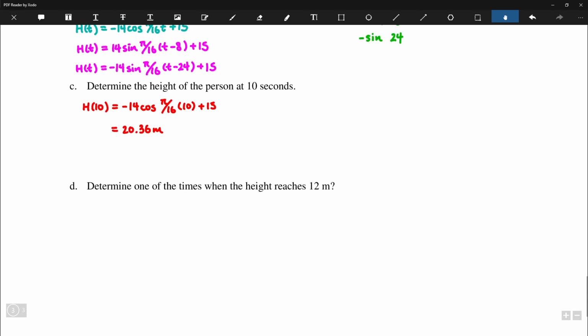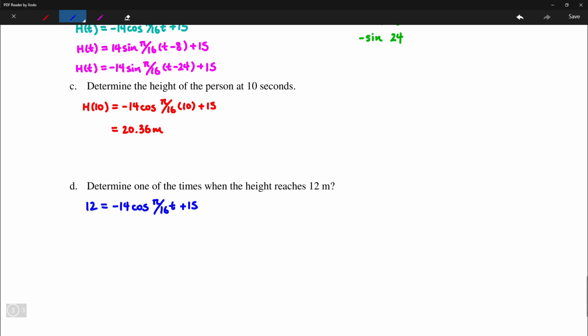So we are actually going to go and change this question slightly. We're going to find all the times at which the height is 12. So how this is going to work is we're going to let h equal 12 and solve for t. So again, 12 is equal to negative 14, and then cosine pi over 16t plus 15.